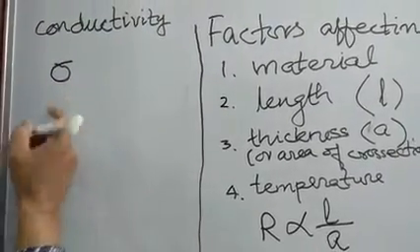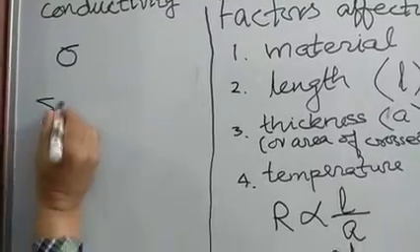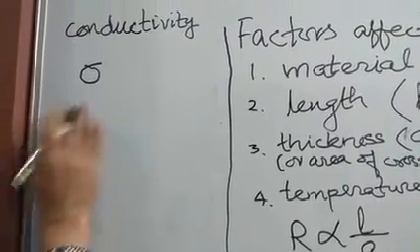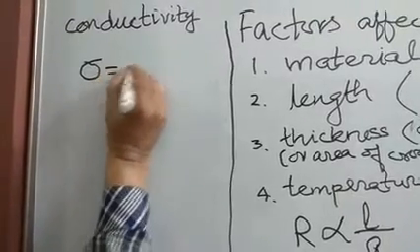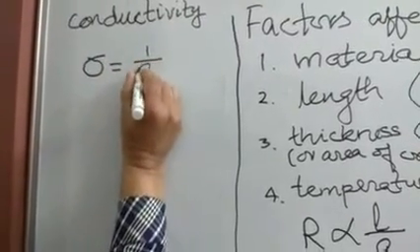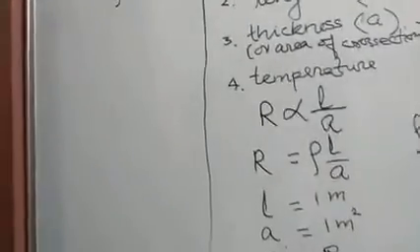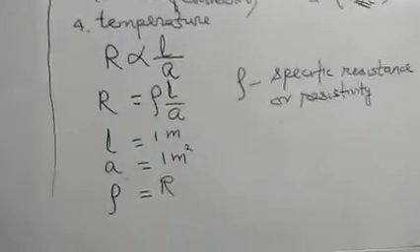Small letter sigma; capital letter sigma is written like this. You know that from mathematics. But this is small sigma. This is equal to the inverse of what? Inverse of this. Specific conductivity.